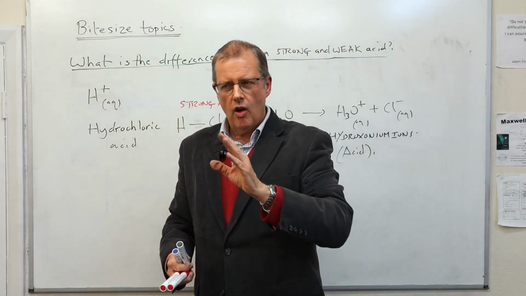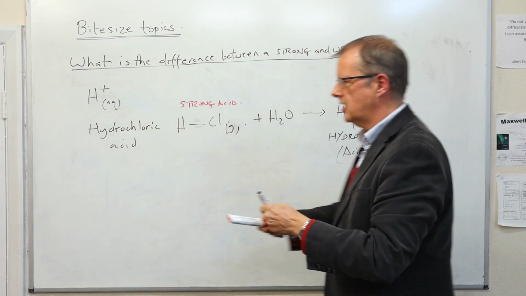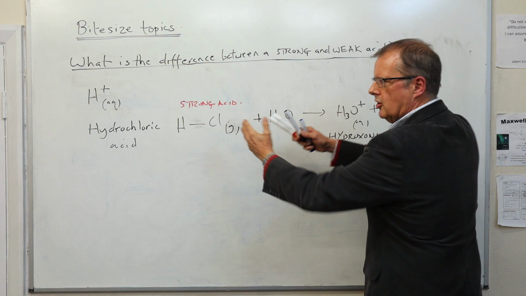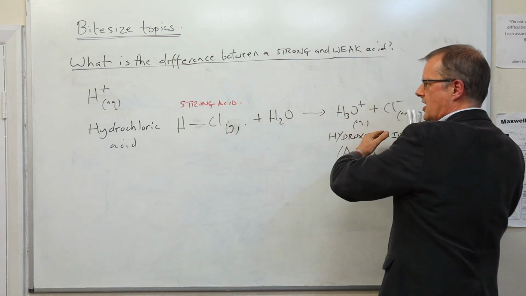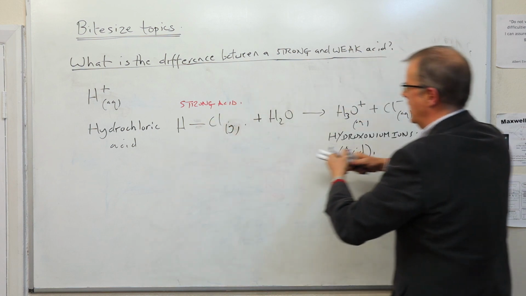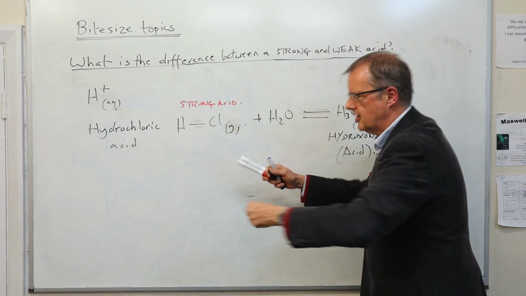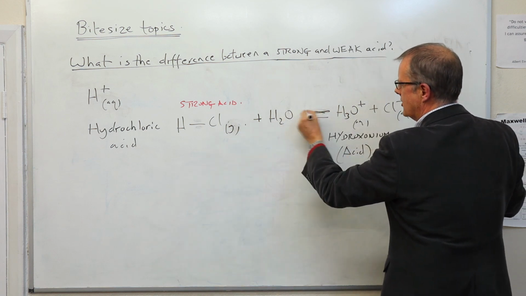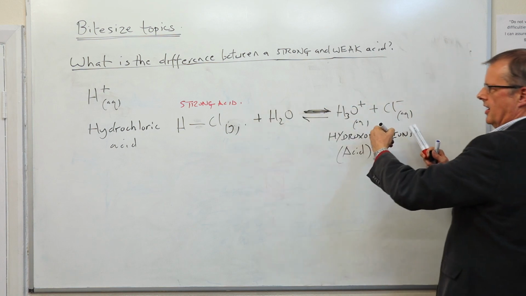A-level students will know that all reactions in theory are reversible. You can think of them as able to go two ways, and you can think of it there as an equilibrium. Is the reaction more gone to one side or more remaining on that side? If I just put a double arrow in, this reaction has come right over to the right-hand side. It's 99.9% over here.